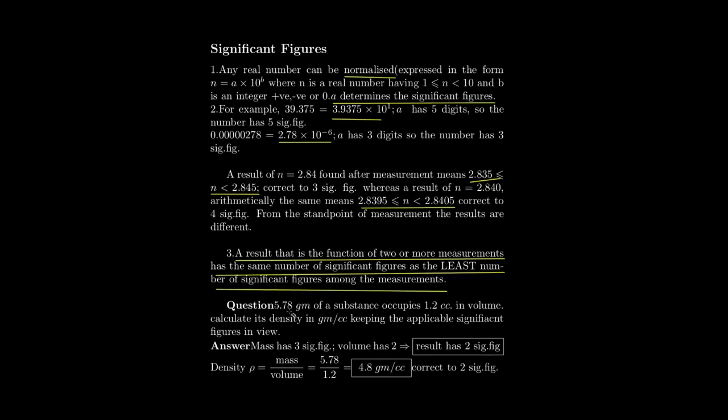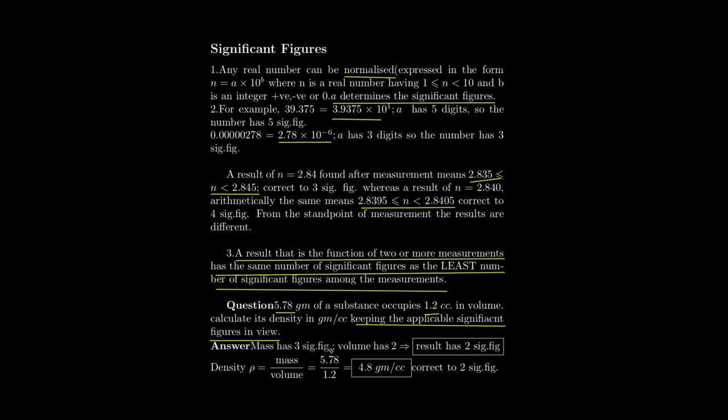For example, 5.78 gram of a substance occupies 1.2 cc in volume. Calculate its density in gram per cc, keeping the applicable significant figures in view. The answer: mass has 3 sig fig, volume has 2 sig fig.